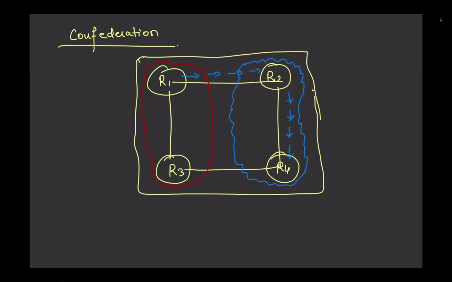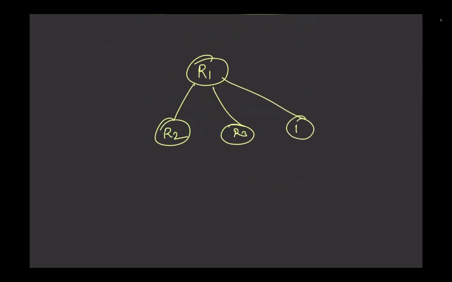I worked in a very big ISP, and even there they use route reflectors. Route reflector has a concept known as nested route reflector. Your route reflector client can also be the route reflector of another one. For example, R1, R2, R3: R1 is a route reflector and these are its clients.